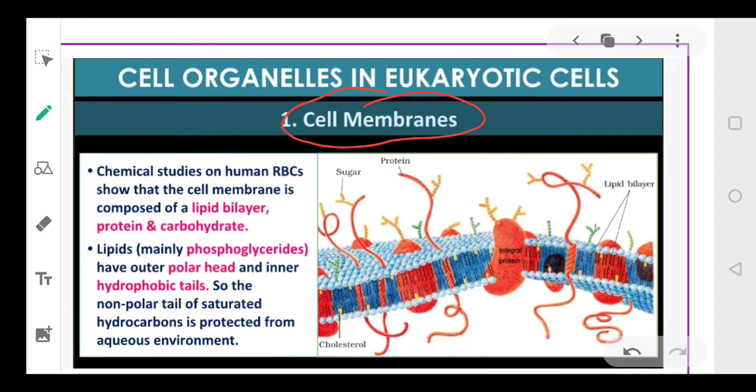In the meantime, the chemical studies that were conducted on the plasma membrane, or you can say the RBCs, helped the scientists to derive the possible structure of the plasma membrane.